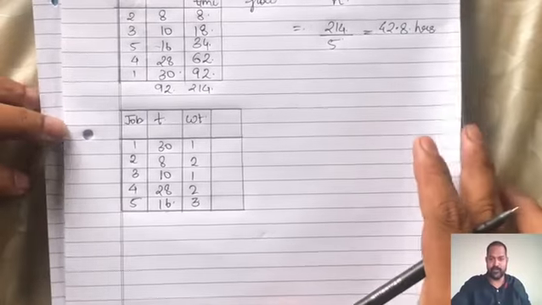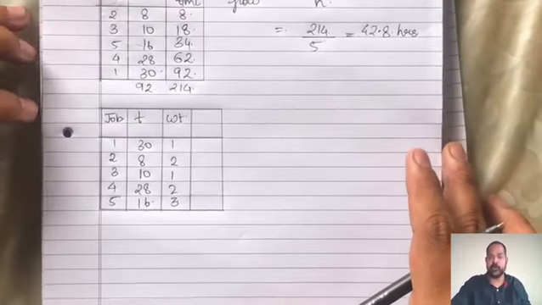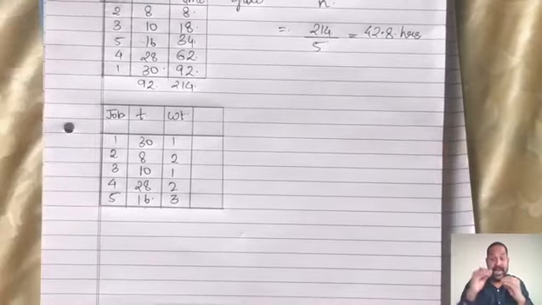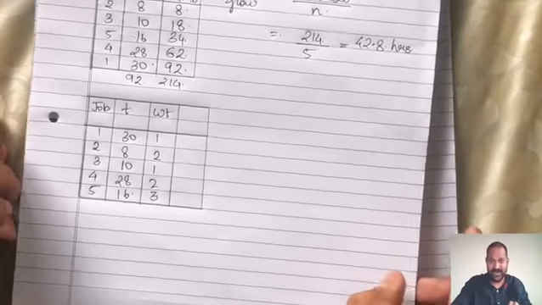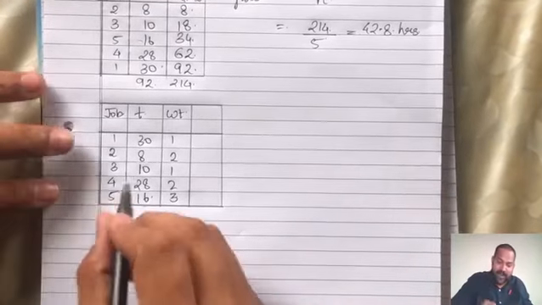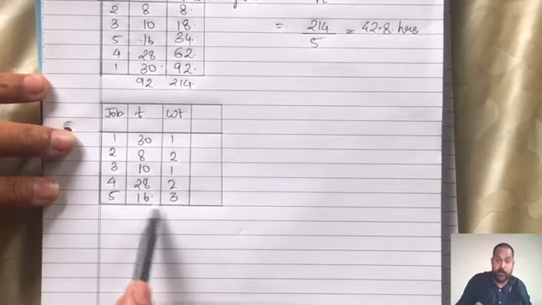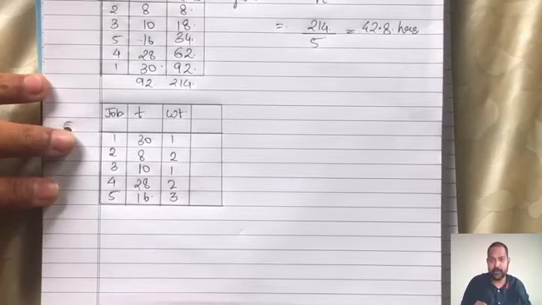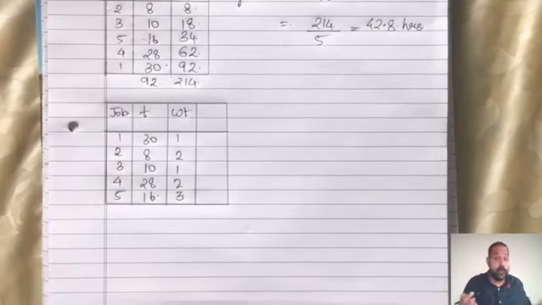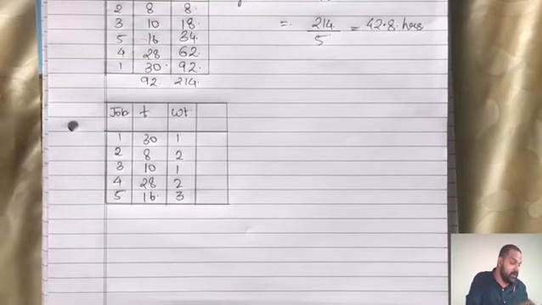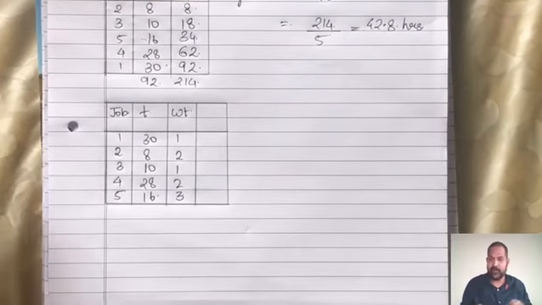But you tell me one thing. According to shortest processing time, less is more important. Is that right? If you are telling me that 16 is most important because it has a weight of 3, when I multiply 16 by 3, it becomes 48.